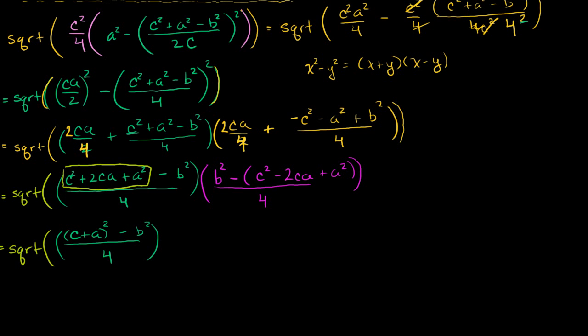That's that first term. And then the second term, this over here is the same thing as c minus a squared. So that whole thing will simplify to b squared minus c minus a squared, all of that over 4. So we're making some headway.